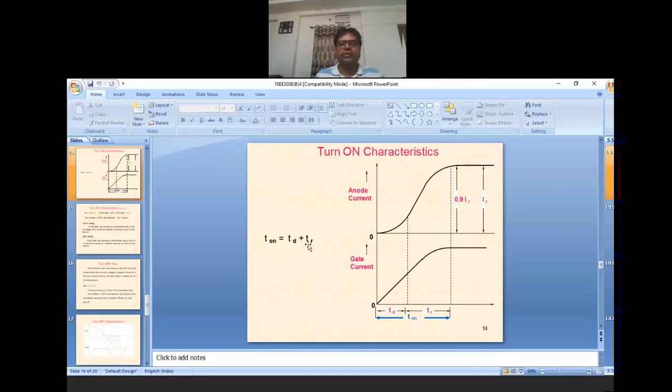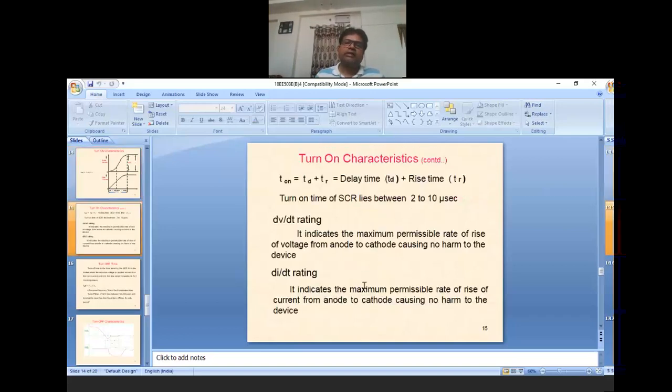T on will be TD plus TR plus TS. For our definitions, we will be just considering T on equal to TD plus TR only. And for SCR this normally lies between 2 to 10 microseconds. Turn on time of SCR is normally between 2 to 10 microseconds.